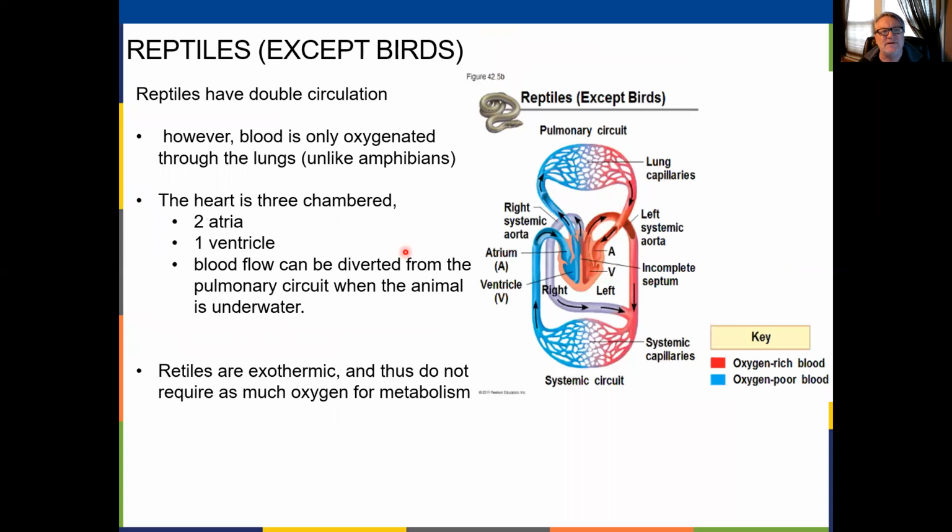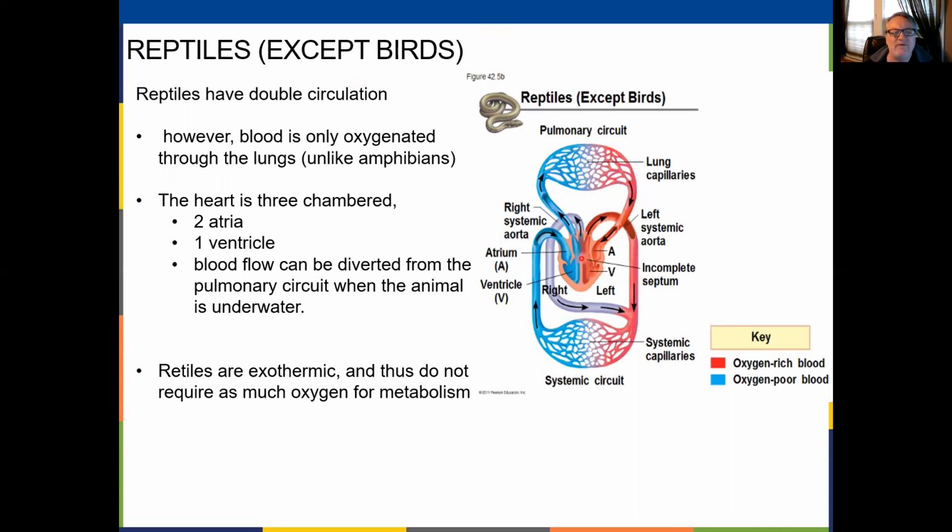The next example is going to be reptiles, and all reptiles except birds. Remember, birds evolved from reptiles. Here we have another situation where we have, just like the amphibians, two atrium and only one true ventricle, but there's a partial septum.